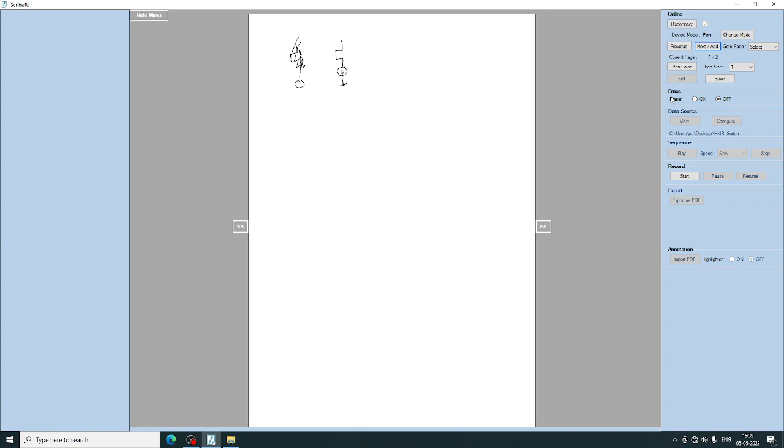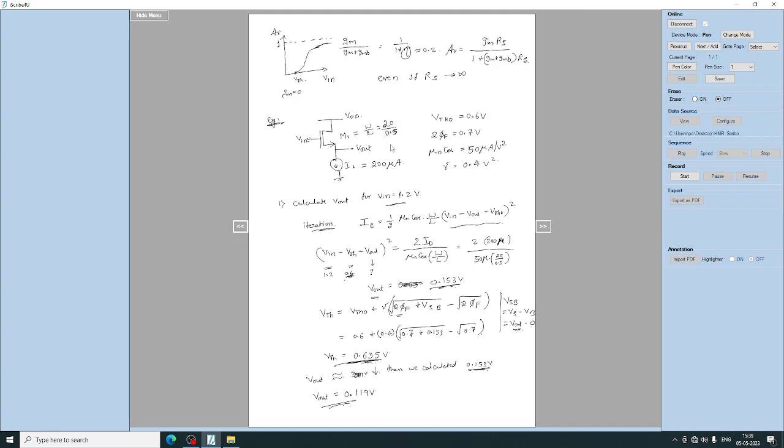This is the circuit we had. This is M1, and this is VDD. Continuing the same problem with M1 having W by L of 20 by 0.5, and I1 is the current drawn from VDD, which is 200 microamps, with the same specification.